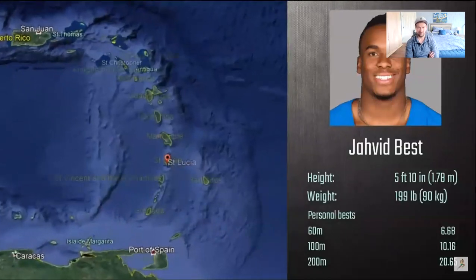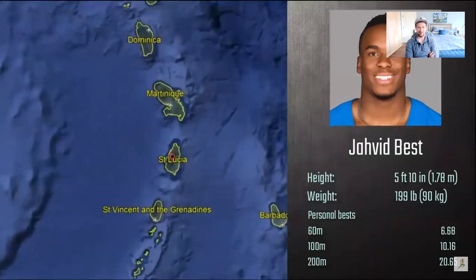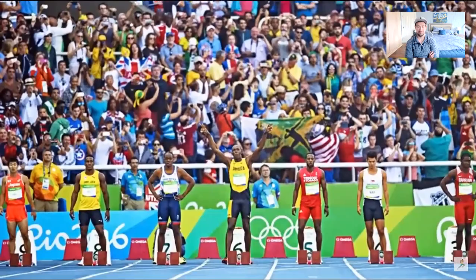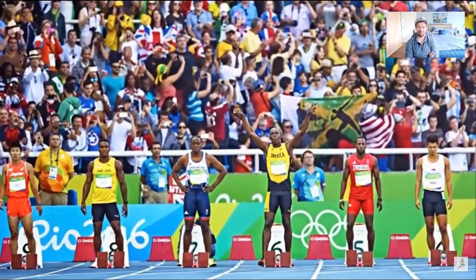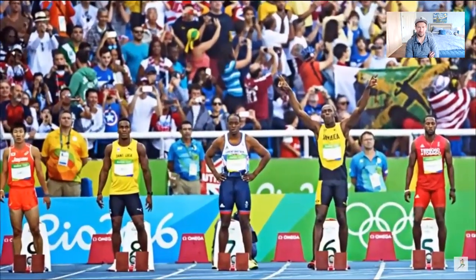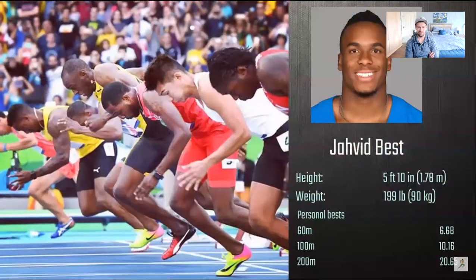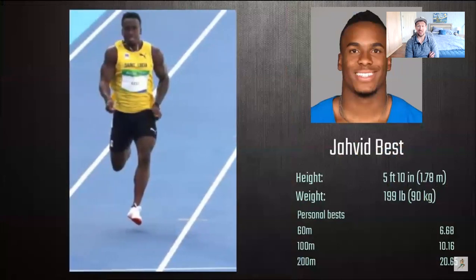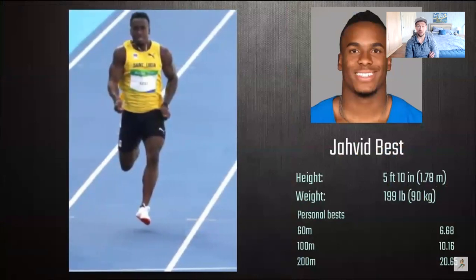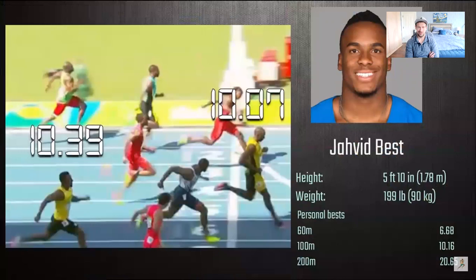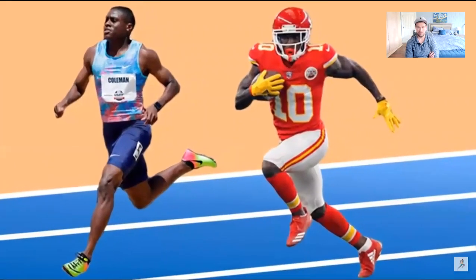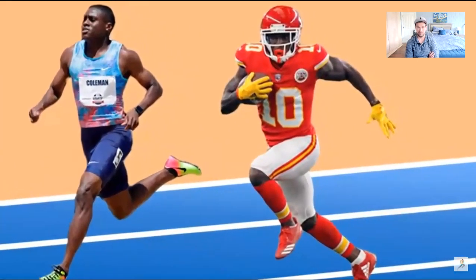He avoided the U.S. Olympic trials by representing the tiny Caribbean island nation where his father was born. 27-year-old Jahvid Best was able to fulfill his Olympic dream by racing in the 100-meter heat with Usain Bolt. Unfortunately, trying too desperately to keep up with the fastest man on the planet, he lost too much ground as a result. Although Best's speed was never in question, he could not proceed in the next round, thus ending an eternal debate whether a football player can run faster than a professional sprinter.